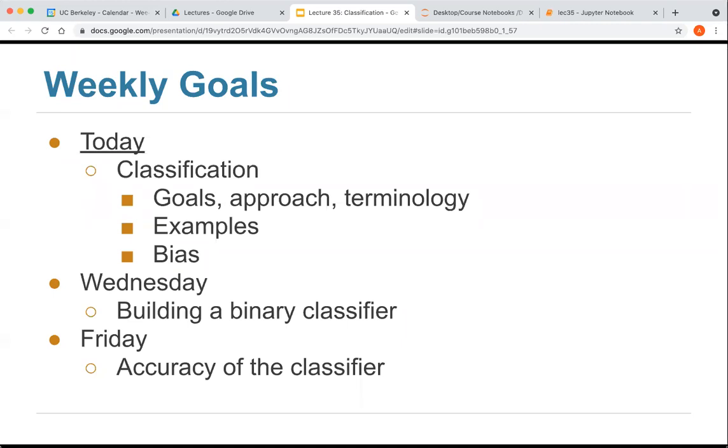And so Wednesday and Friday will be focused on that. On Wednesday, the main focus will be building a classifier. And on Friday, the focus will be on how good is it? Assessing the accuracy of the classifier. It probably won't be as separated as that, but in general, on Wednesday and Friday, you'll build a classifier and assess its accuracy.